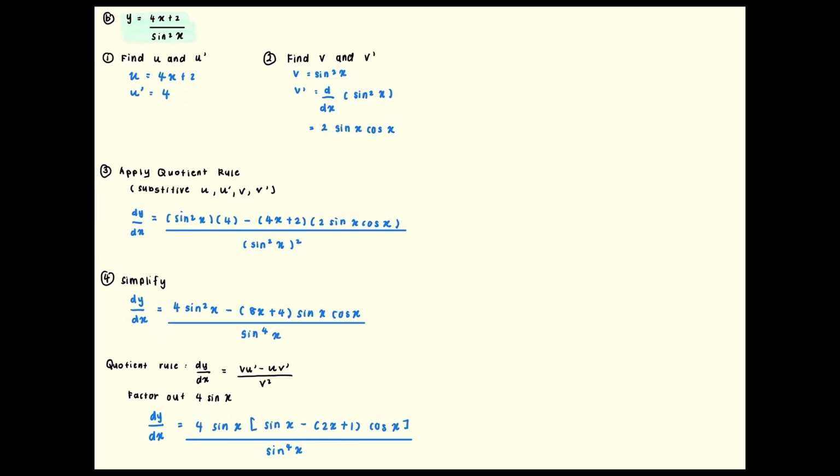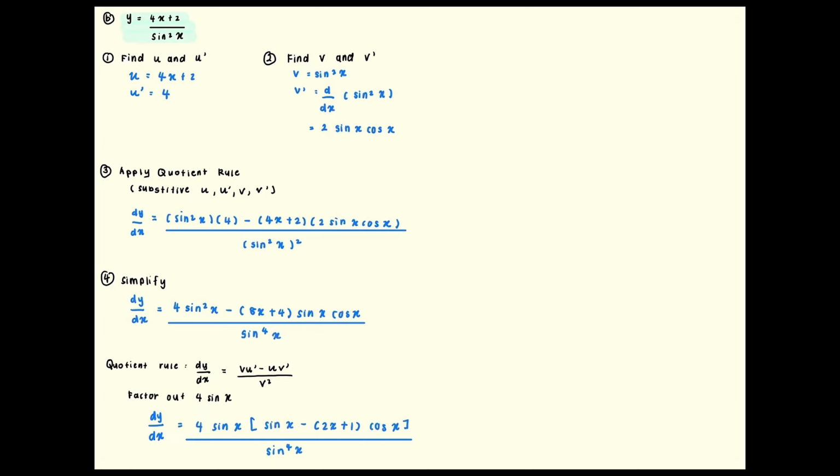Step 4, simplify and factor out. Now, let's clean this up. In the denominator, (sin^2(x))^2 becomes sin^4(x). If you look closely at the numerator, both terms share common factors. We can look to factor out 4 sin x to make things cleaner. From the first term, factoring out 4 sin x leaves us with just sin x.